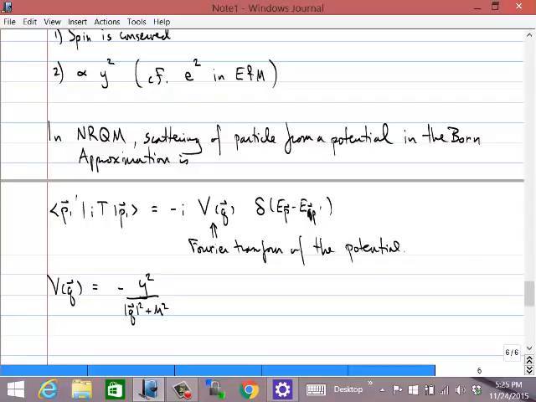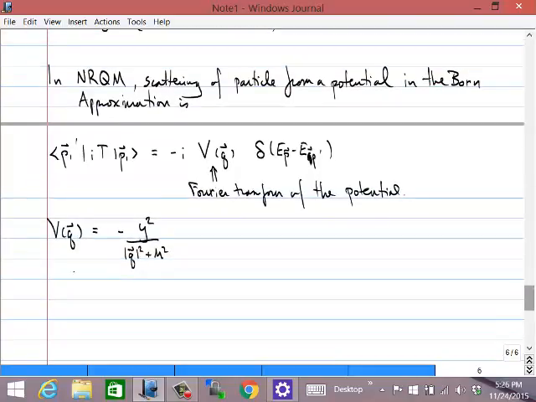Now, I'm out of time, so I won't compute the Fourier transform for you explicitly. Ooh, maybe I'll have you do it on a problem set. Okay, that's a good idea. So, the Fourier transform of this, or maybe I'll do it explicitly when I do it in QED. We'll see.